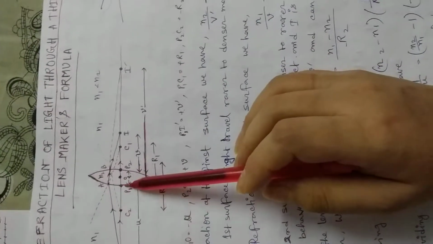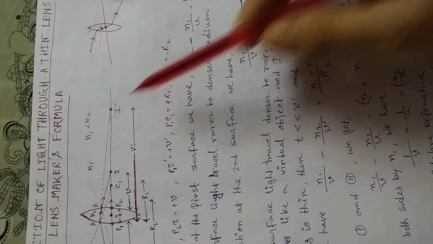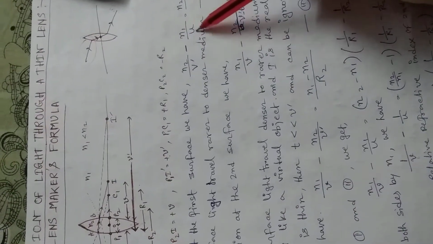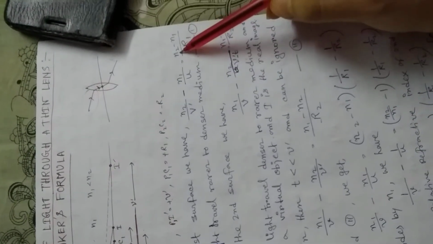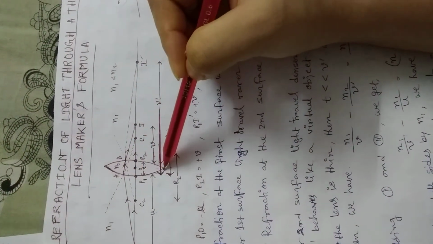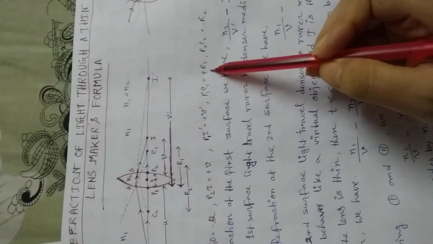So for this surface, N2 by V dashed, which is the image distance, minus N1 by U, the object distance, equals N2 minus N1 by R1. What is R1? R1 is the radius of curvature of this convex surface. Just look here, P1C1 equals R1, which is the radius of curvature of this surface.